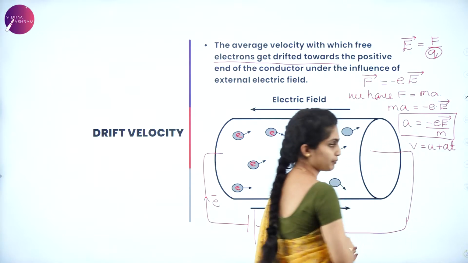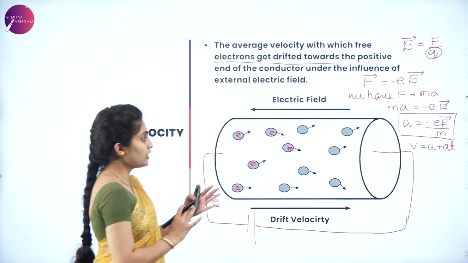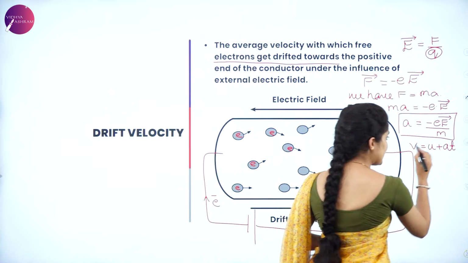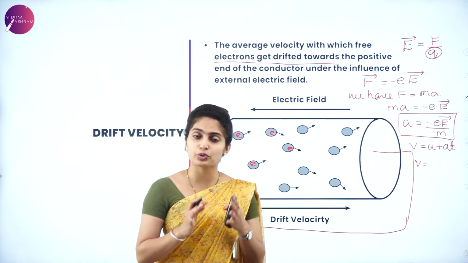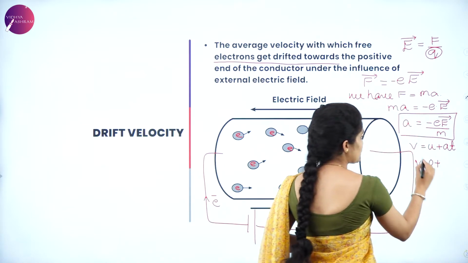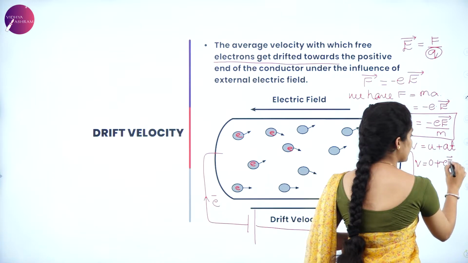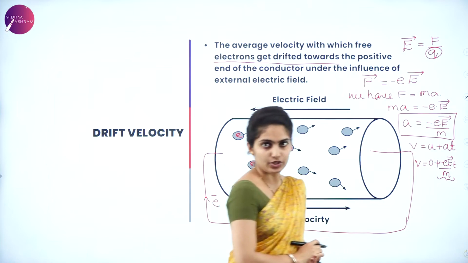Continuing with the same thing, just consider your v as it is and u is the initial velocity. So the average velocity of the electron in the initial case is said to be 0, plus substitute for your acceleration minus e E vector by m into t. So you have this equation.